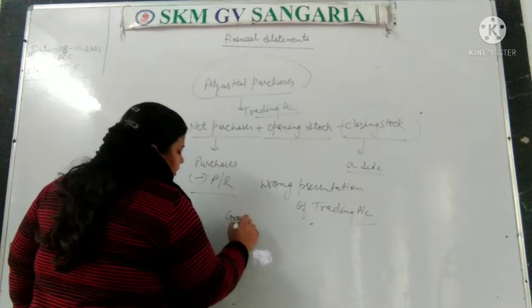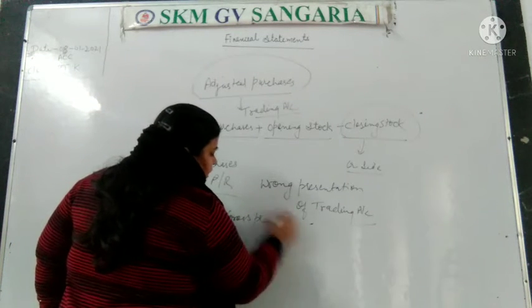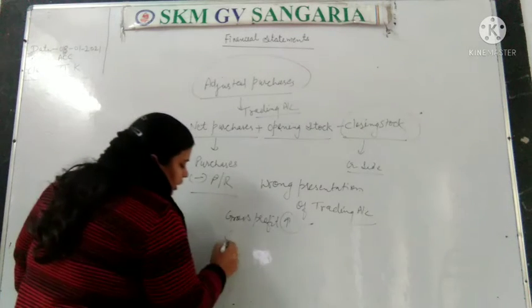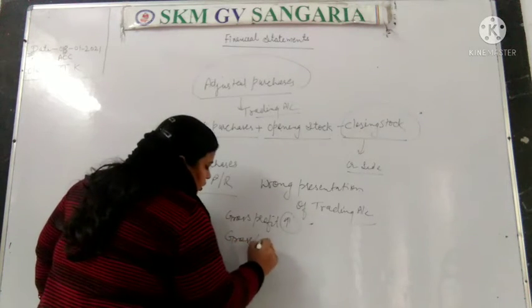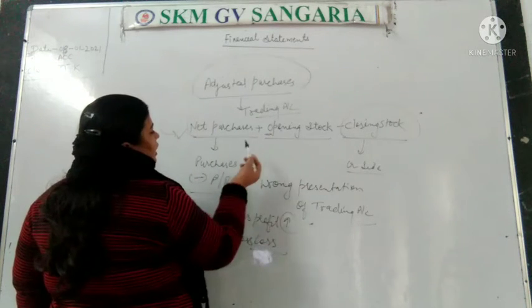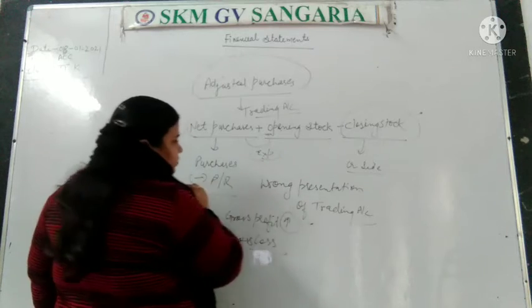If we are in profits, there may be calculation of more profits due to doubling, and there may also be losses, because we will write the purchases and opening stock for the double time, and we know that these both terms are related to expenses.